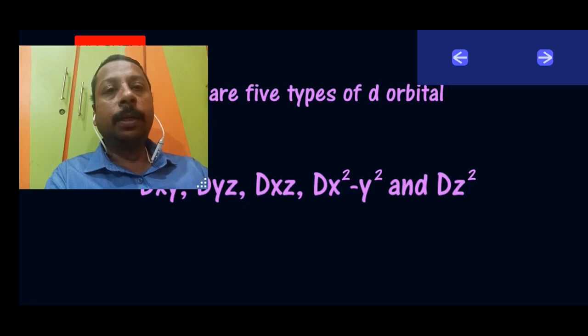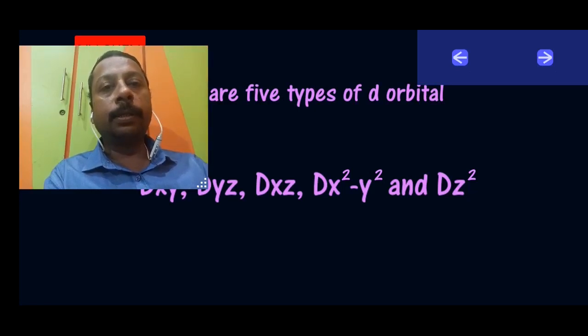Because of the orientation. As I told you in my previous lecture of the 3D series, the square orbitals are on the axis. Dx square minus y square means lobes will be on the x axis and y axis. Dz square means lobes will be on the z axis.